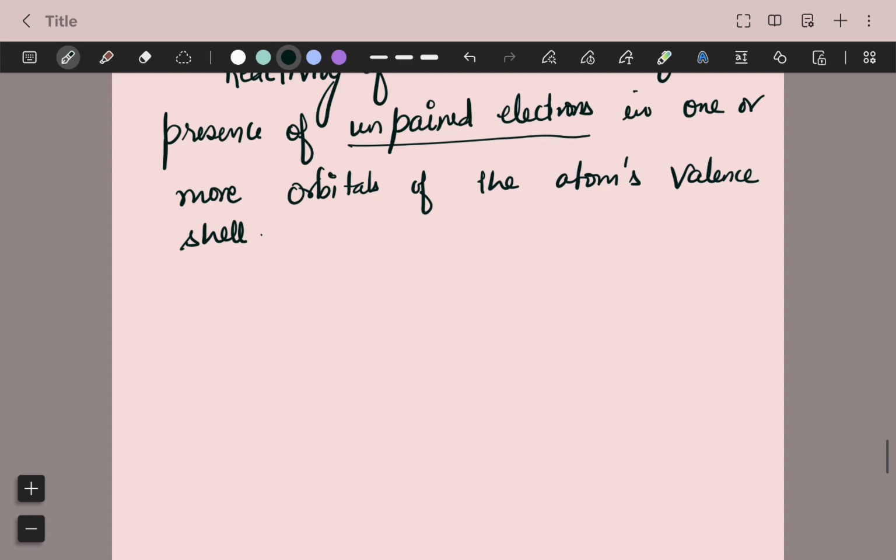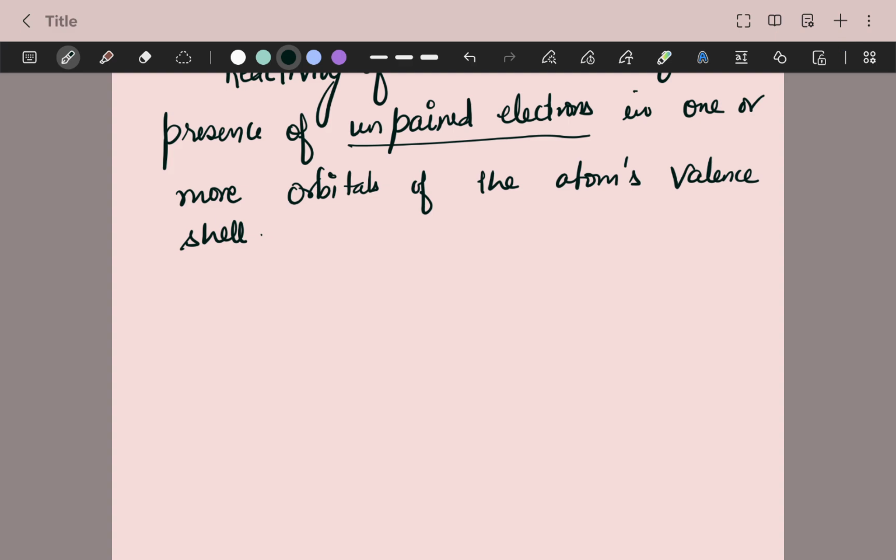Now, bonds can be of different types. They can be covalent bonds or ionic bonds. This depends upon the tendency of the atoms to attract the electron toward themselves, and that tendency is electronegativity, which decides whether a covalent bond or an ionic bond is formed.